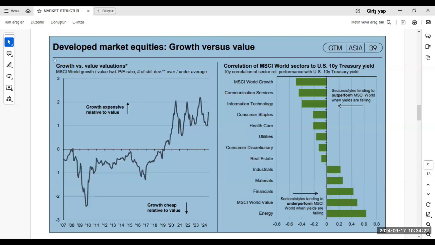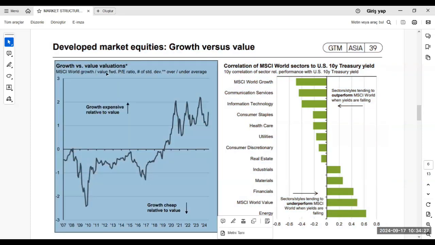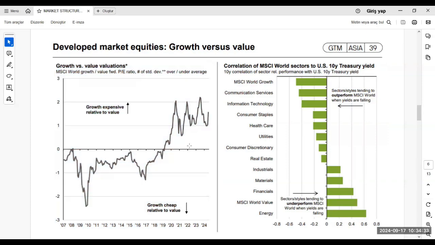And please look at this chart on the left-hand side. Growth versus value. Growth expensive relative to value, as you see here, or growth cheap relative to value. Here, as you see, lots of people today, all around the world, are buying growth investment rather than value investment, because they believe that, like cryptocurrency, there are lots of opportunities and lots of chances in the financial market to bring additional money for their investment.